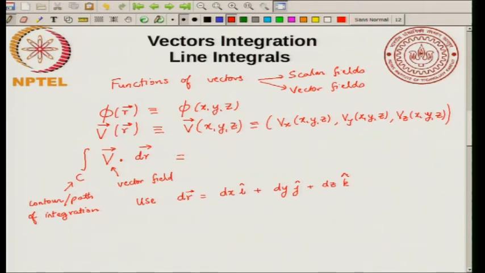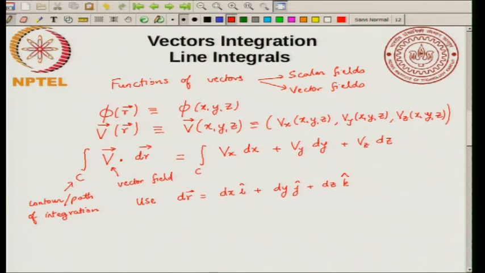So, this is a differential element in R. And if you have these as the components of the vector, I can write this as an integral over C, where C is a contour, of Vx dx plus Vy dy plus Vz dz. So, you can write it as a sum of 3 integrals, each of them an integral over a single variable, an integral over a scalar. So, you have Vx dx, Vy dy and Vz dz. This is the typical line integral that we will be using.